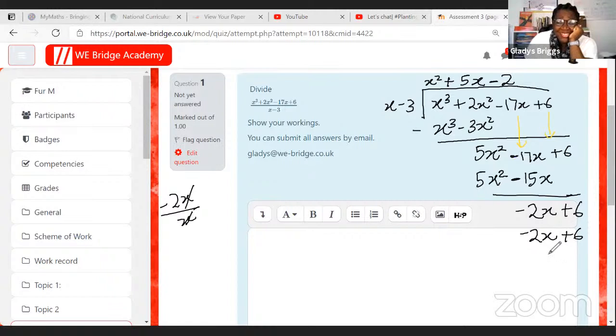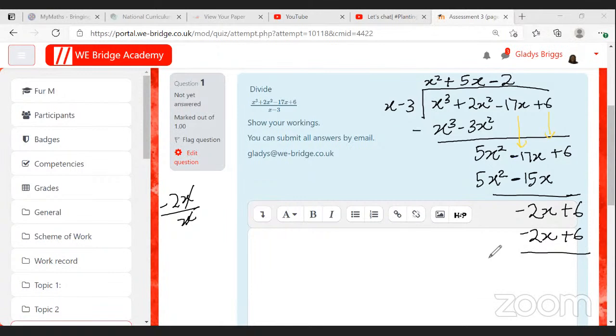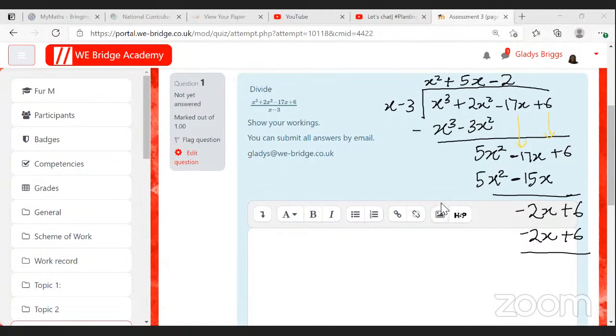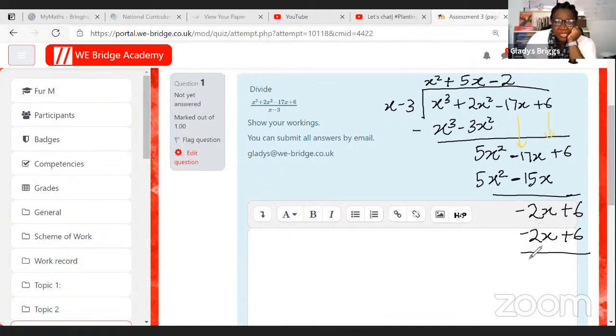I don't know why I got stuck there. I just got dazed, like, okay, what's next? Okay, it's going to be plus 6. So negative 2x subtract negative 2x is negative 2x plus 2x, that's 0.